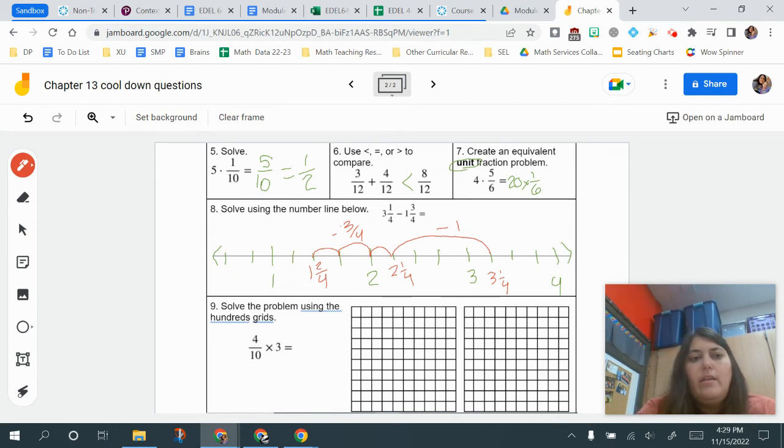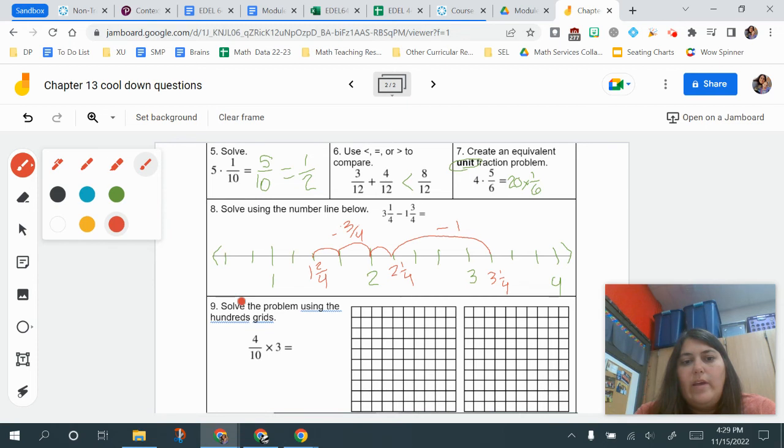All right, the next one, we are going to solve 4/10 times 3 using our hundreds grid. So here is 1/10. So 4/10 would be 4 of these. There we go. And then we want that times 3. So there's one group. There's 2 groups of 4/10. And then here's our third group of 4/10.